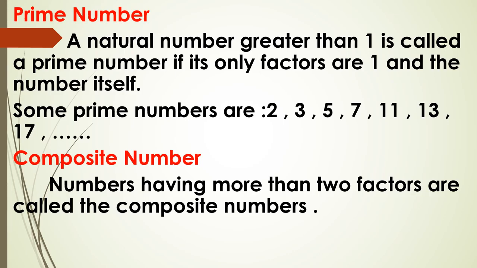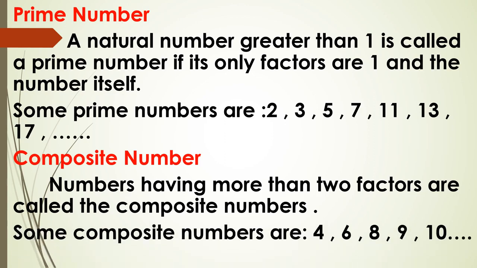Just like, see the example 4. How many factors does it have? 1 times 4 is 4 and 2 times 2 is 4. So 1, 2 and 4. It has 3 factors. More than 2 are there. So it is a composite number. Numbers which have more than 2 factors are called composite numbers.